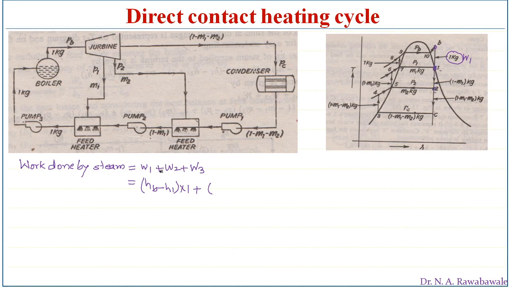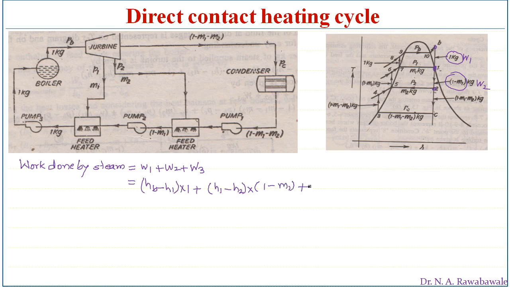That is written as H1 minus H2 into how much steam is doing this work? Only 1 minus m1 kg. Work 2 is done by 1 minus m1 kg, because m1 kg is taken out. Out of 1 kg, m1 is taken out, only 1 minus m1 is going to remain. So into 1 minus m1.